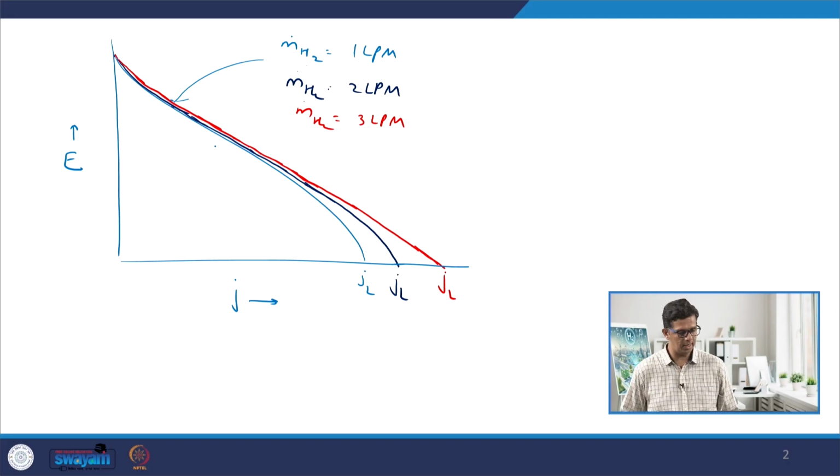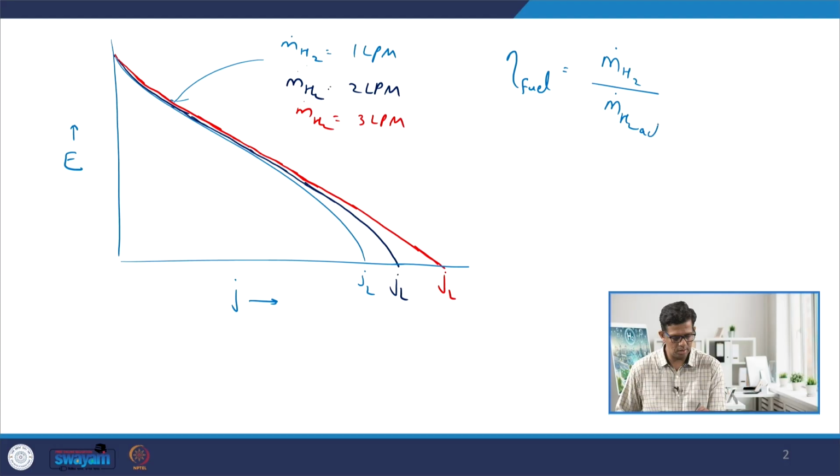And as we can see, in case of this 1 lpm, we have this fuel efficiency, as we have already seen, that is the fuel required to the fuel supplied. Since the mass of hydrogen that is actually supplied is increasing, no matter what the current drawn from the cell, the fuel efficiency will eventually decrease. That will again decrease the overall efficiency of the cell.